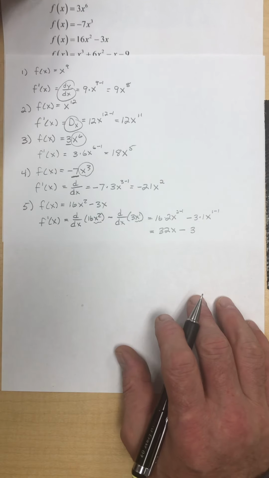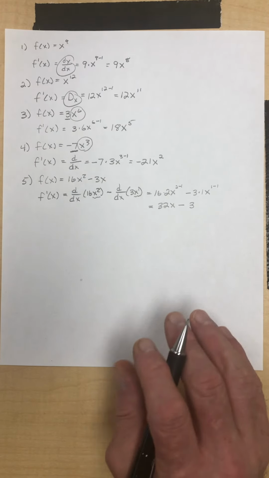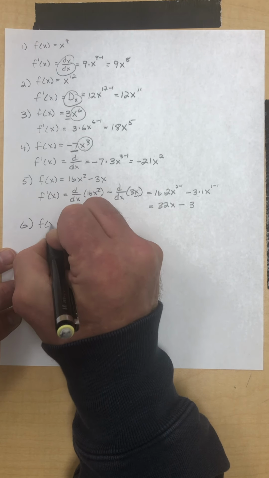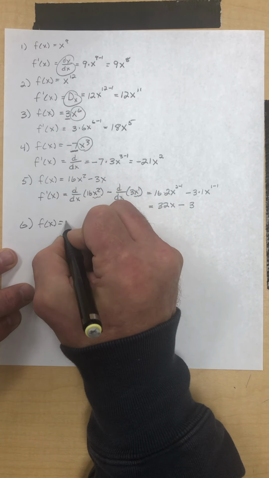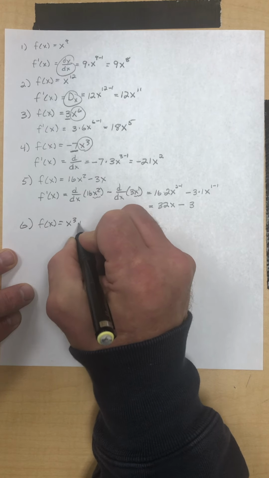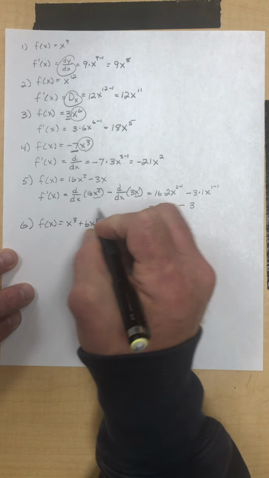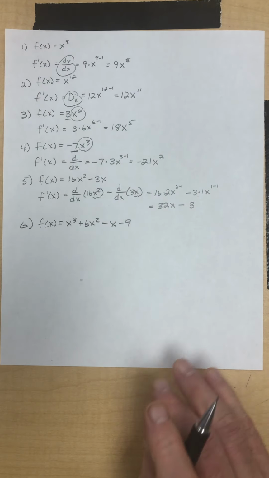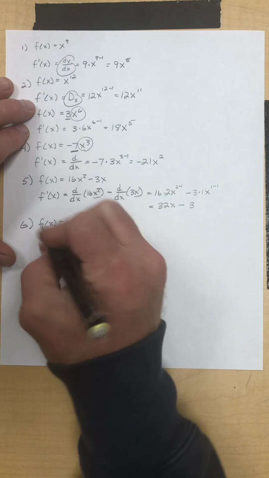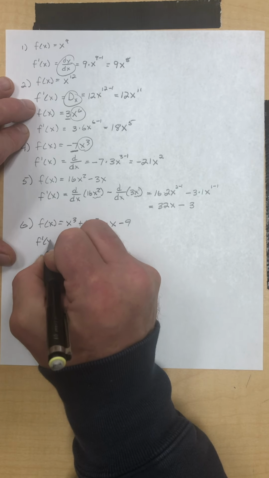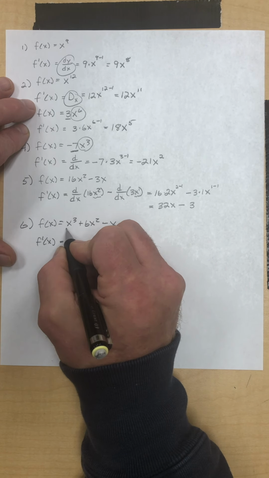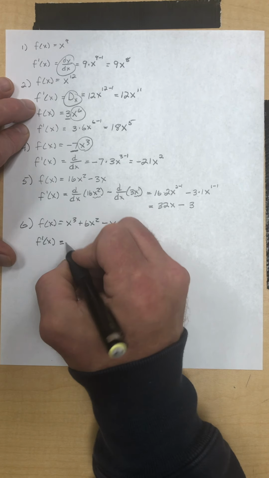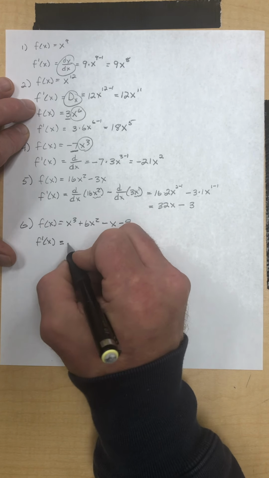Okay, let's move this up and get this last one. I've got f of x equals x cubed plus 6x squared minus x minus 9. And then I just take them one at a time. My f prime of x will be the derivative of the first term. You have a 1 as a coefficient, so that 1 doesn't really do anything.